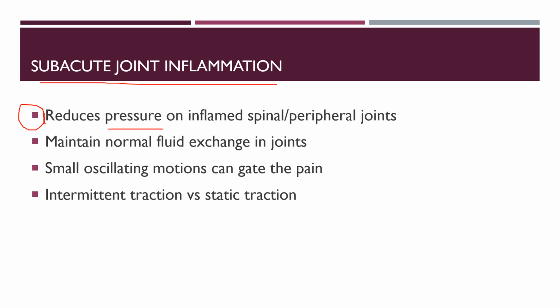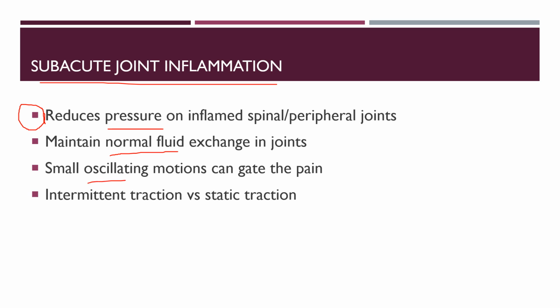Okay, the other thing that we need to think about with mechanical traction or any type of mobilization is that we are increasing joint nutrition. So we're getting normal fluid exchange in the joints, which is a good thing, right? We're trying to get rid of those chemical mediators that are causing inflammation, and we want new nutrients, oxygen, new blood flow to the area to help improve the joint nutrition.